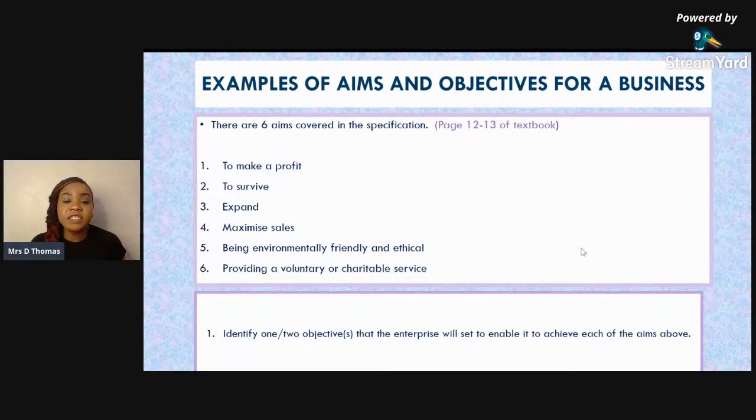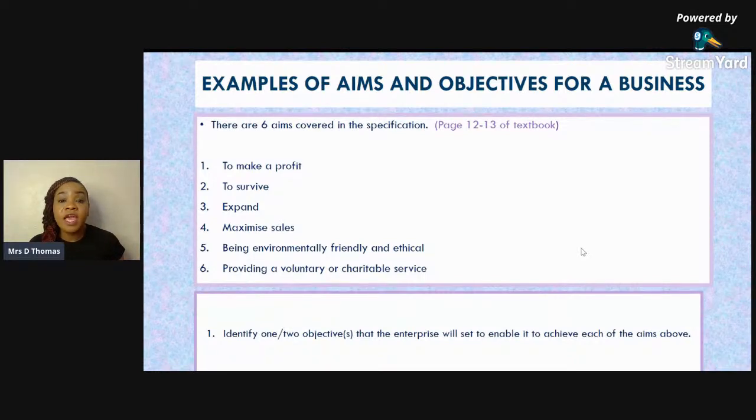Being environmentally friendly and ethical. So to be environmentally friendly and ethical, you need to be able to recycle.